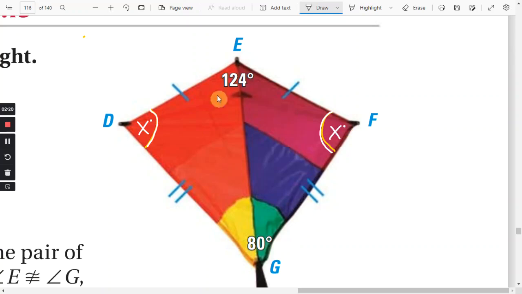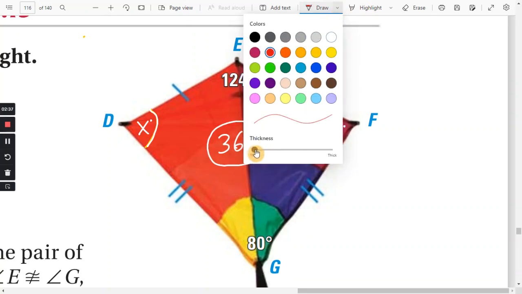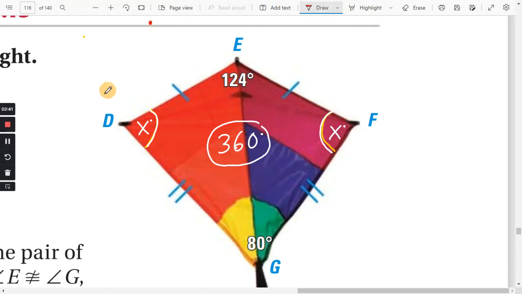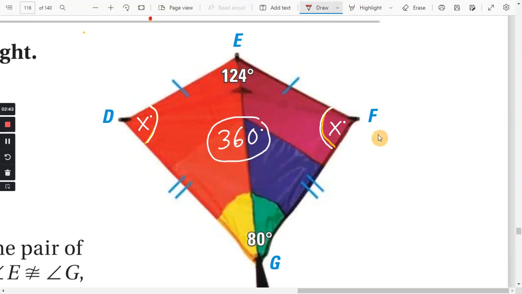Okay, now a kite is a quadrilateral. It's a four-sided figure, so we know the interior angles add up to 360 in degrees. Okay, if you don't see how I got that, what you want to do is recall the formula for the sum of the interior angles.